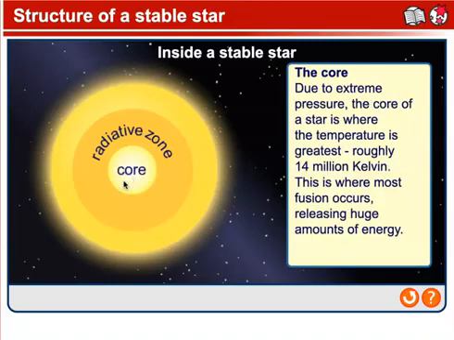The core. Due to extreme pressure, the core of a star is where the temperature is greatest, roughly 14 million degrees Kelvin. This is where most fusion occurs, releasing huge amounts of energy.